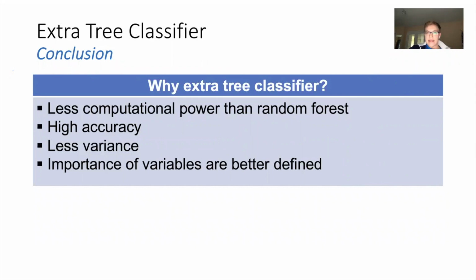We also understand that there is less variance when you use a model like extra tree classifier. And also, as we saw from Rashid's example, where we showed the graphs of importance of features with random forest and with extra tree classifier, we clearly saw that visually it was much easier to see the importance of features when we used extra tree classifier compared with random forest.